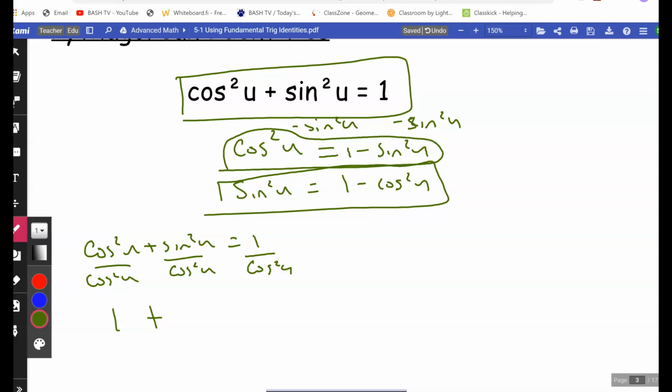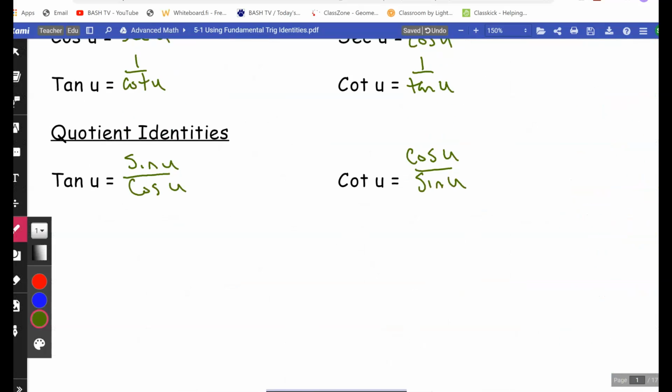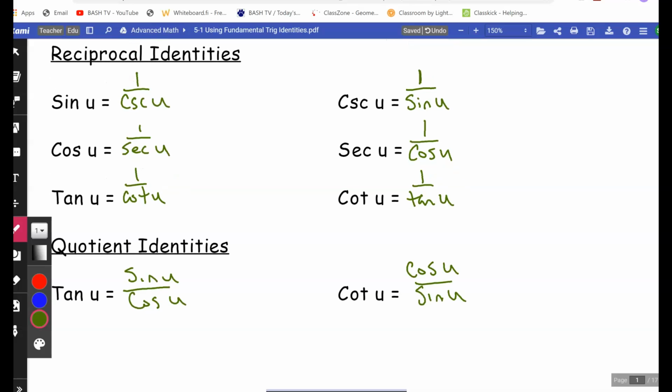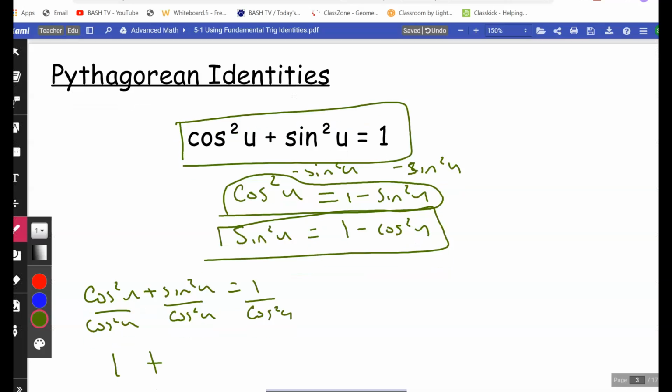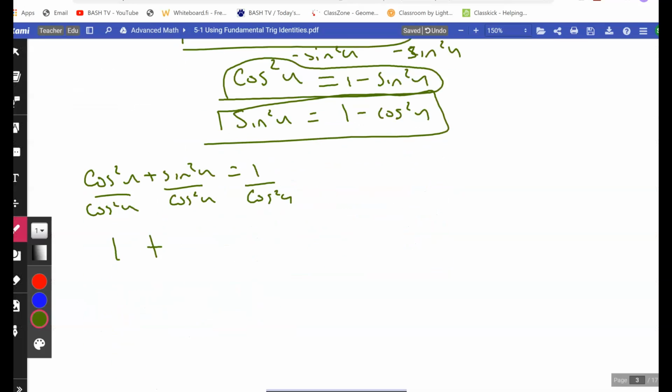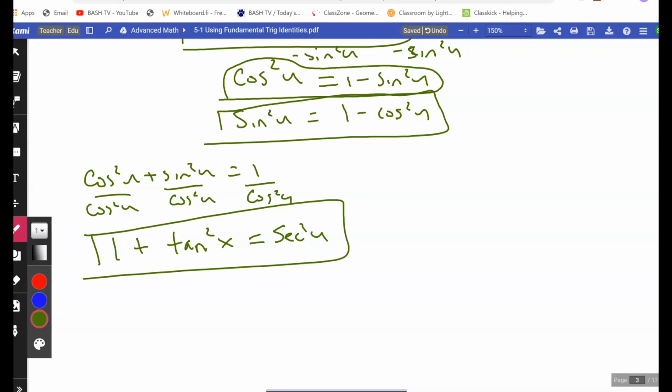Now, if we apply some of the identities we just talked about, that tangent is sine over cosine, and secant is 1 over cosine, we can use those identities to simplify this a little bit, so that sine squared over cosine squared would be tangent squared, and 1 over cosine squared would be secant squared. So that is another variation that we use.